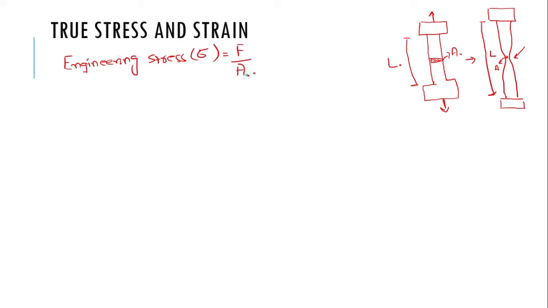So that is the initial area, the original area of the specimen, or whatever the material we are applying the force. But as we know, once the force is being applied, up to the fracture point, the cross-section area of the material changes. So the stress that is calculated based on the instantaneous cross-sectional area, that is termed as a true stress.